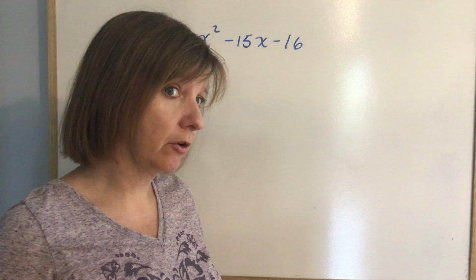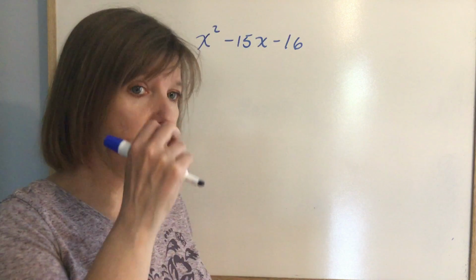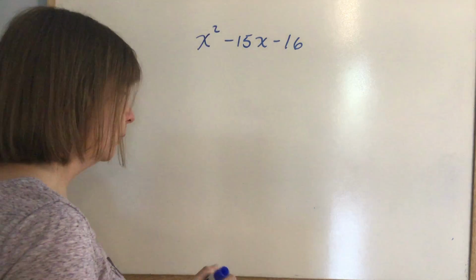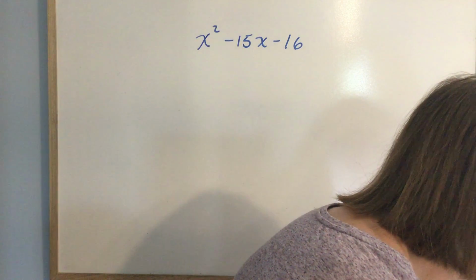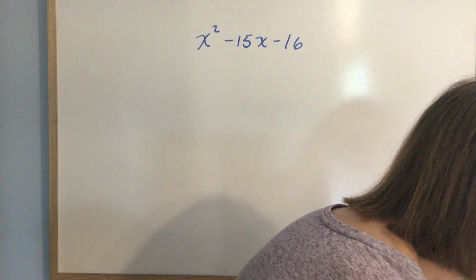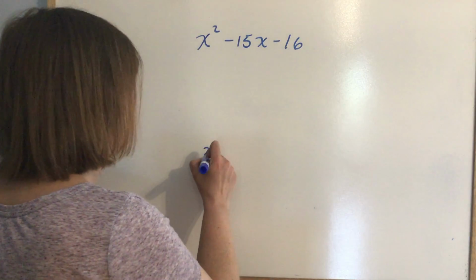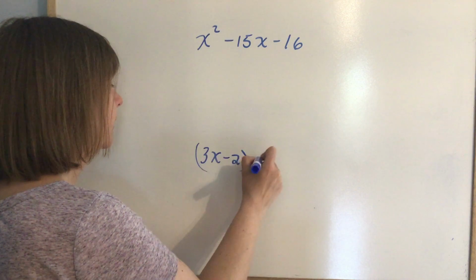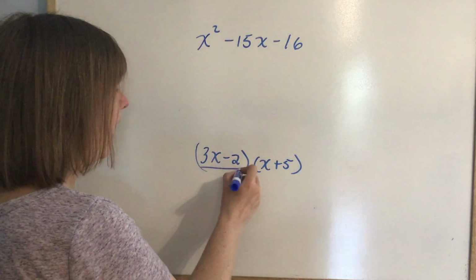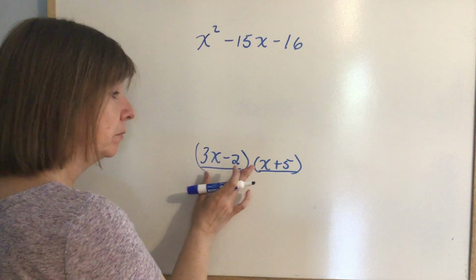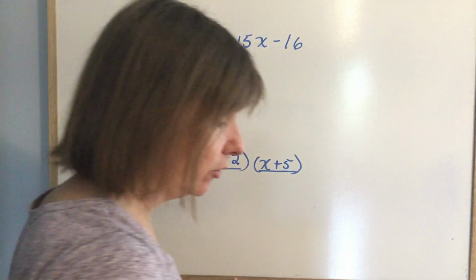Remember that the word factor means break it apart into its pieces. So in the one that we did right up front, I think I made it up, I had like 3x minus 2 and x plus 5. I had something like that, right? That's factored form. Here's a piece, here's a piece, and we put it together to be one trinomial.